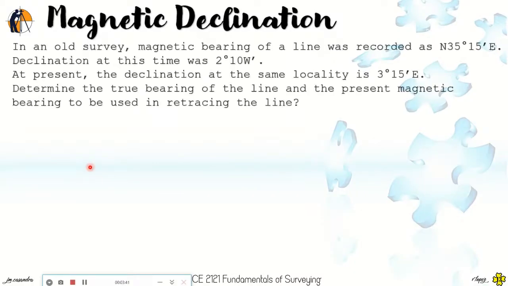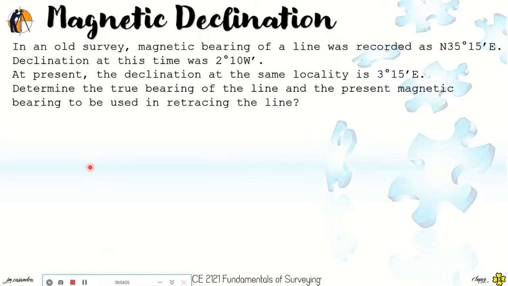As an example, in an old survey, the magnetic bearing of a line was recorded as north 35 degrees 15 minutes east. The declination at this time was 2 degrees 10 minutes west. At present, the declination at the same locality is 3 degrees 15 minutes east.